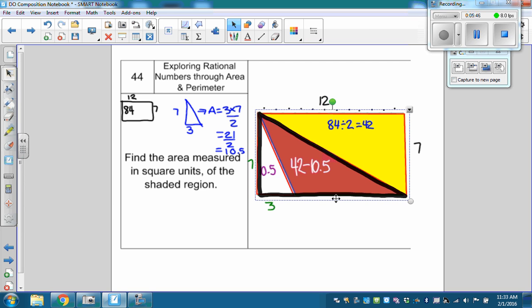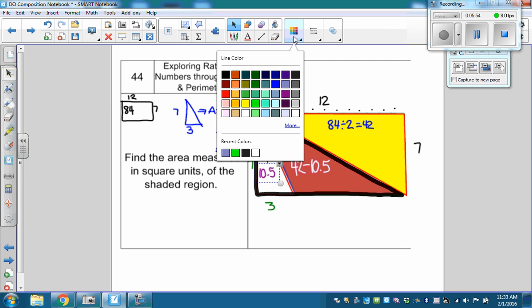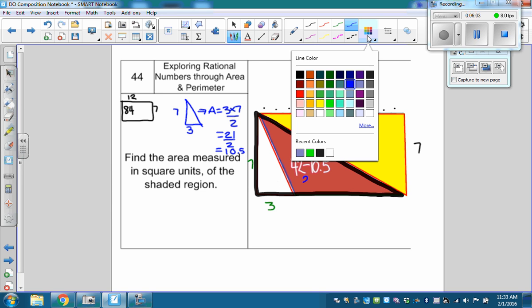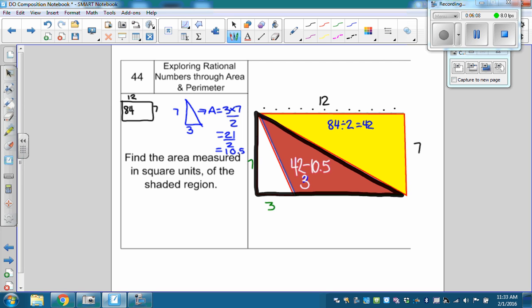And when I subtract that out, 10.5 taken from 42 is 31.5, and it's area, so we say square units. This was 10.5, which we figured out from there.